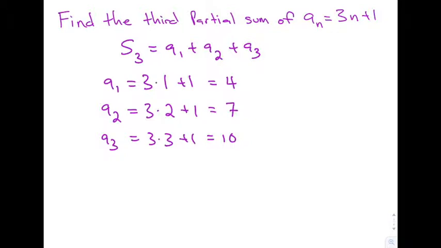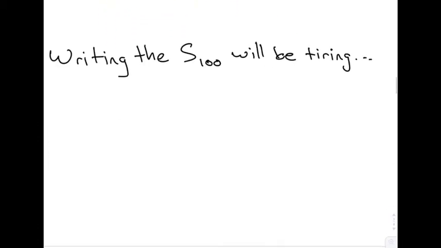Now plugging A1, A2, and A3 into S3, we have S3 equals 4 plus 7 plus 10, which altogether gives us 21. So 21 is the third partial sum of A sub n equals 3n plus 1.